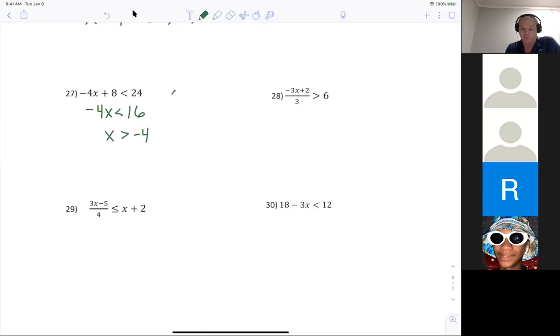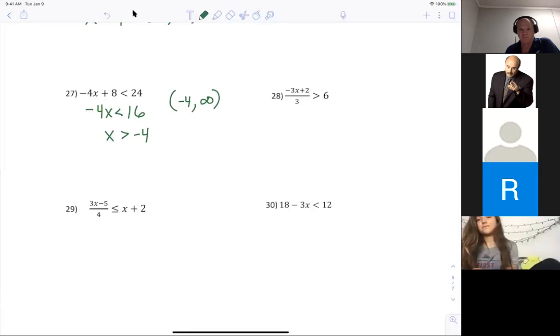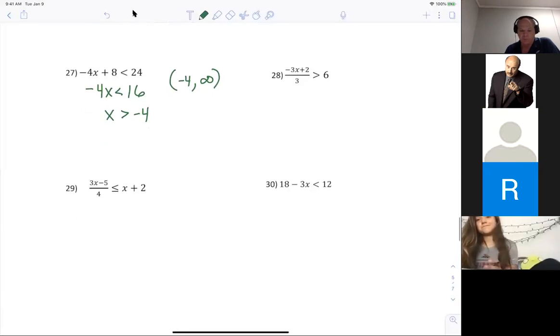So if you're greater than negative 4, starting at negative 4 and heading to infinity. I'm going pretty quick, so does anybody have any questions? Anybody need to slow down a little bit, or is everybody good? I'm good. Everybody's good? All right, here we go, guys. Let's check out 29.